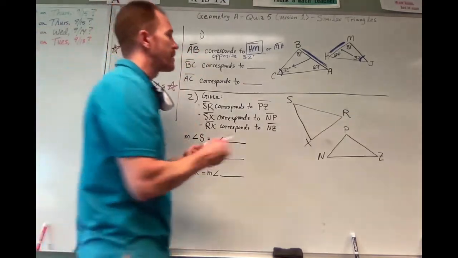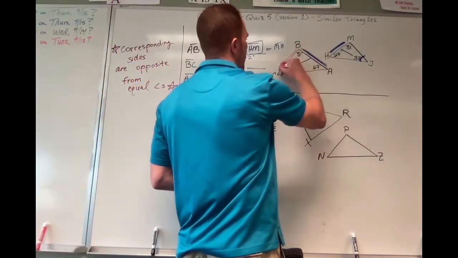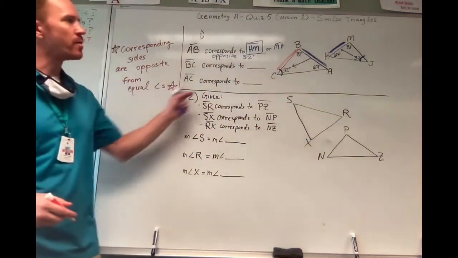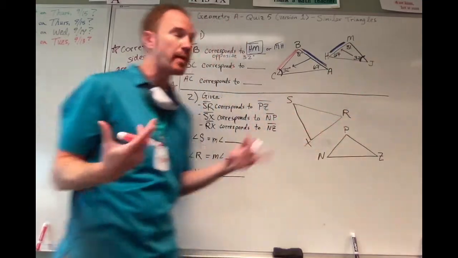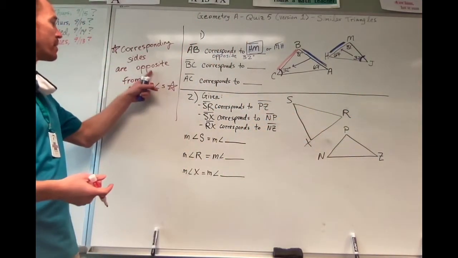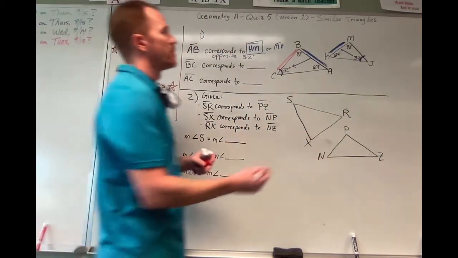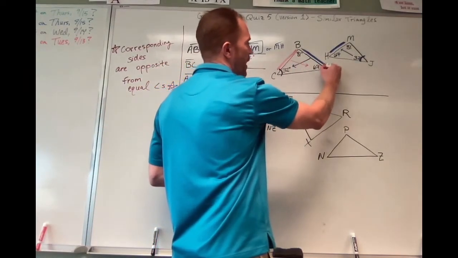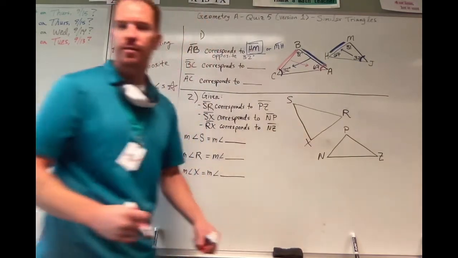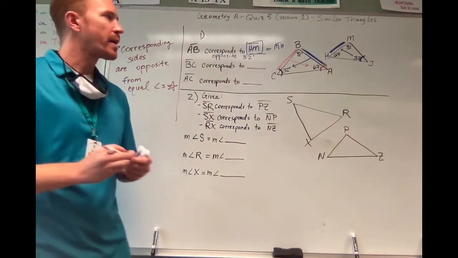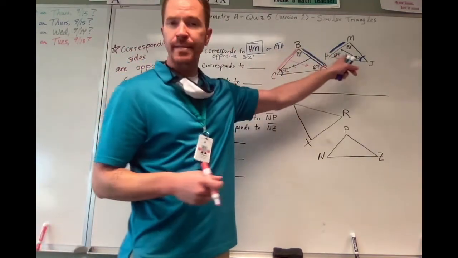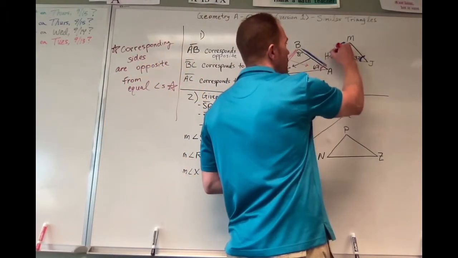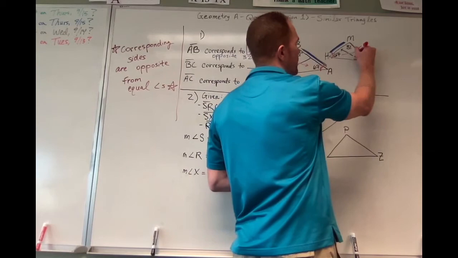Similarly, BC is just a different side. I'll color code that in red maybe. So there's side BC, and over here, which side corresponds? Well, we look at the opposite angle. So BC, if I go across, I'm at a 67-degree angle. When I go to the similar triangle, that's got a 67-degree angle also. What's the side that's opposite?